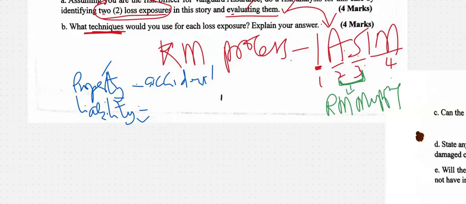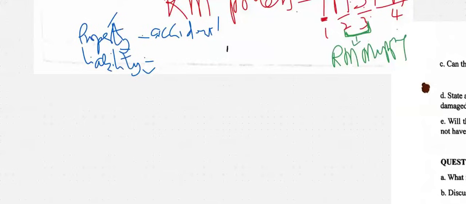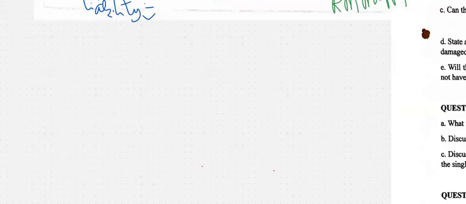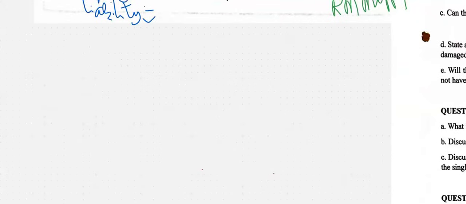So the 2 and 3 move together. Look at what the question said: B, what techniques would you use for each loss exposure? Explain your answer. So I'm doing the evaluation. How do I do the evaluation? I'll say using the risk management matrix.